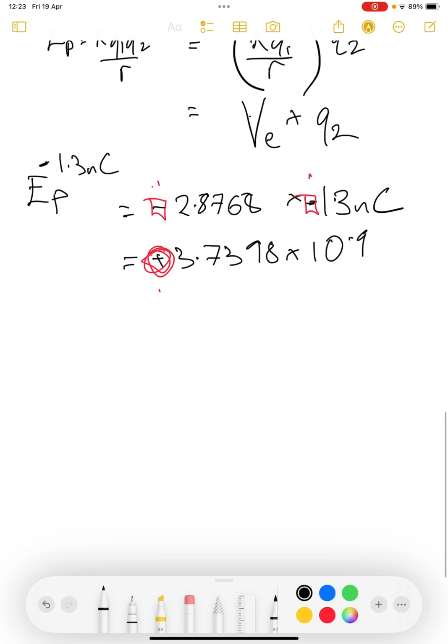The next one, 0.90 nanocoulombs, and this is a positive.